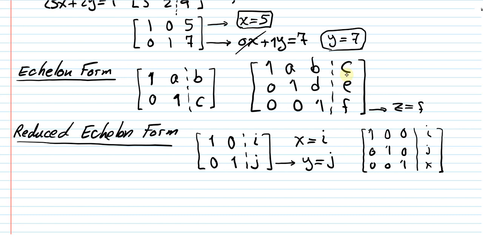Now, in order to go from the original form of the system to the echelon form, we're going to go through a process that is called Gaussian elimination. We'll do that in just a moment.